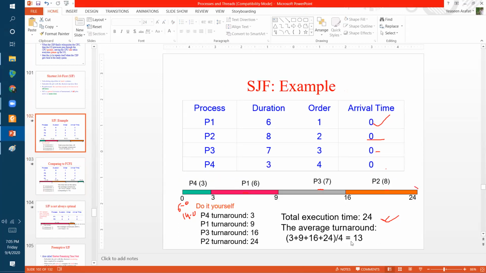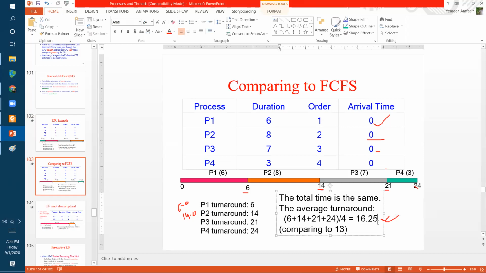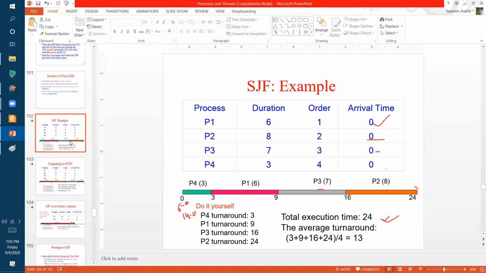In SJF, the average turnaround time is only 13 seconds, and in first come first serve, it is 16.25 seconds. So which has the minimum value? Of course, shortest job first. So comparing to FCFS, SJF is better on the performance metric of turnaround time. In SJF, turnaround time is lower than FCFS.